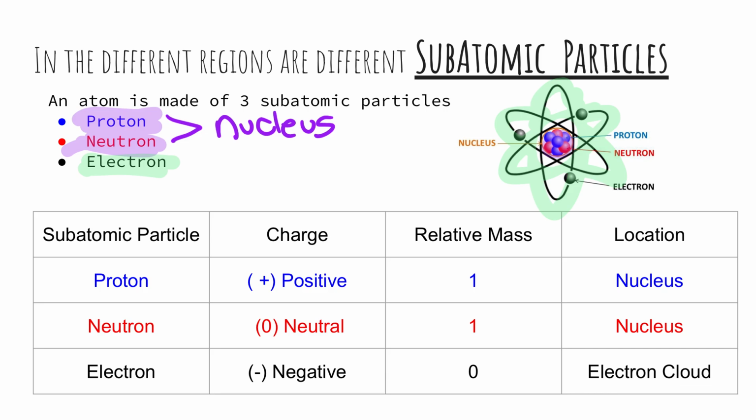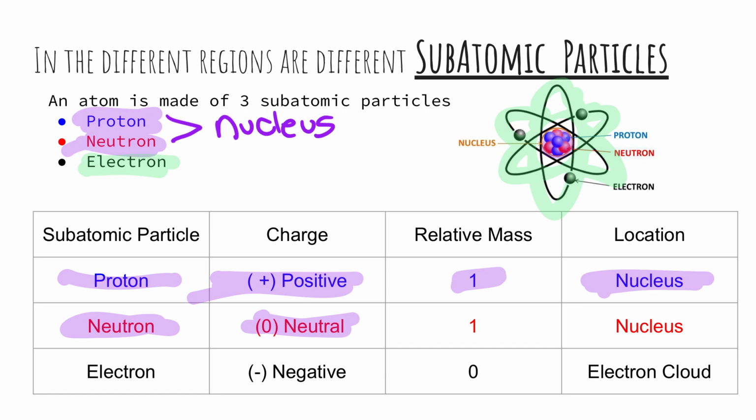Okay, subatomic particles. The proton is positively charged, positive proton, easy to remember. The relative mass of a proton is 1. And its location is in the nucleus. Neutrons are neutral. So don't think neutrons negative, think neutrons are neutral.